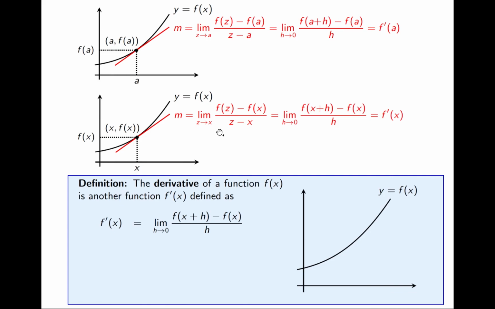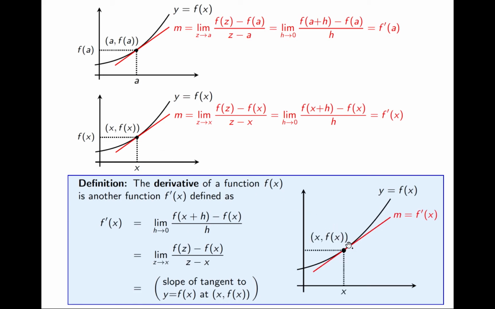Alternatively, we could write it this way. F prime of x is the limit as z approaches x, f of z minus f of x over z minus x. And since we are using the formula for slope in our definition of the derivative, this limit also equals the slope of the tangent to y equals f of x at the point x, f of x, just as we had up here.